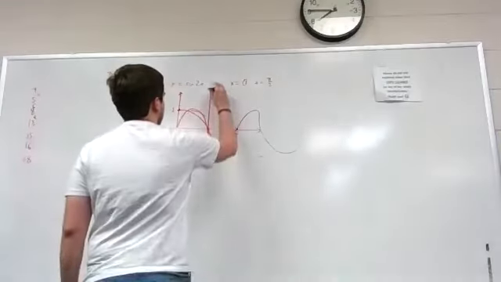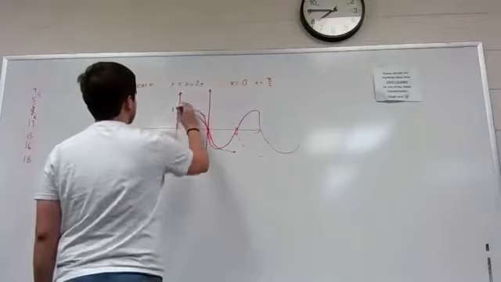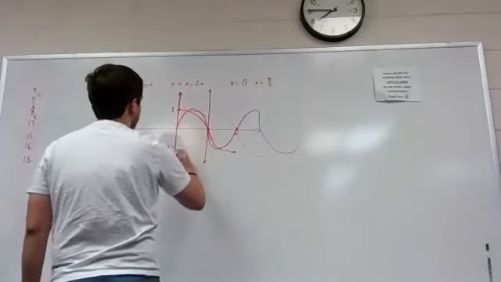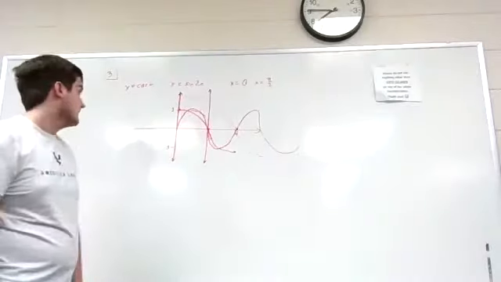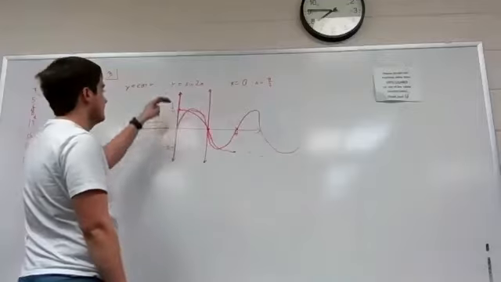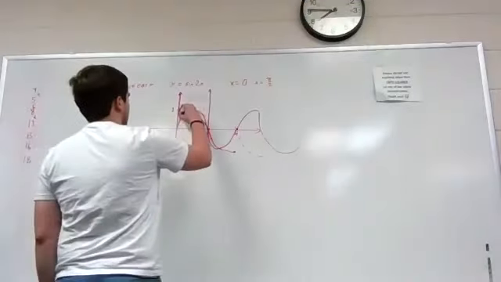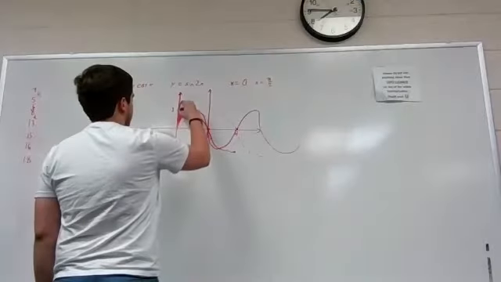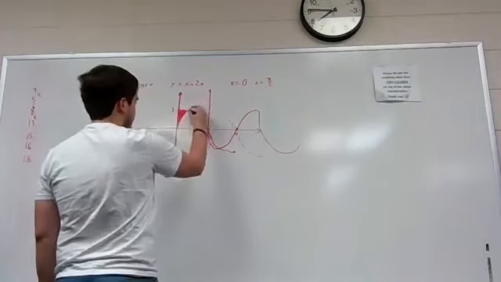And then we're bounded between x is 0 and x is pi over 2. That gives us 2 distinct regions, right? There's this one, which is bounded between x is 0, y is cosine, and y is sine 2x. And then there's this region, which is just bounded by the 2 curves.